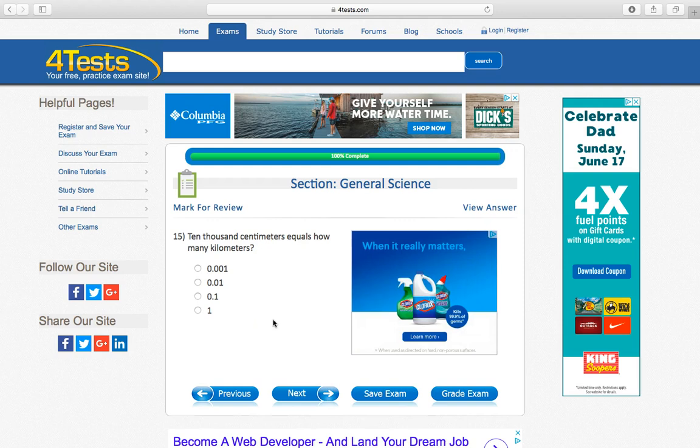All right, 10,000 centimeters equals how many kilometers? Okay, first thing we have to know is how many centimeters are in a meter, right? Centi means 100. So we have 100 centimeters equals 1 meter. The next thing we need to know is 1,000 meters equals 1 kilometer.